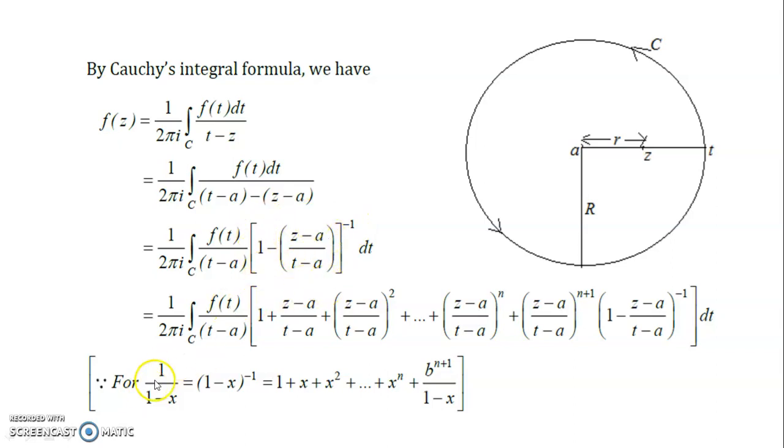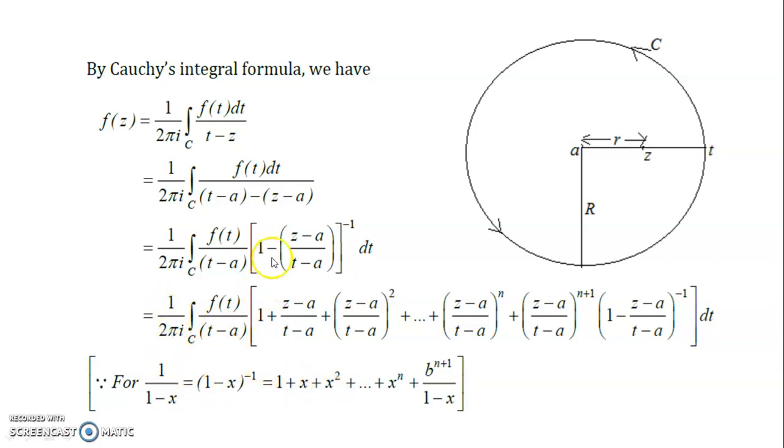Then you can make use of the binomial expansion. As we know, the expansion of 1 by 1 minus x is 1 plus x plus x squared and so on, plus x to the power n, and so on.